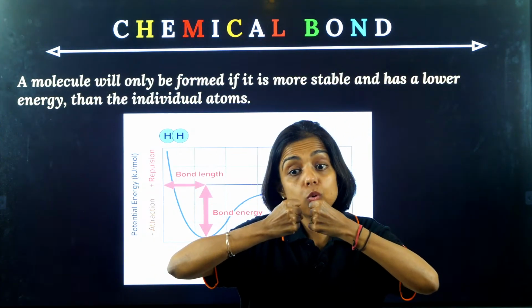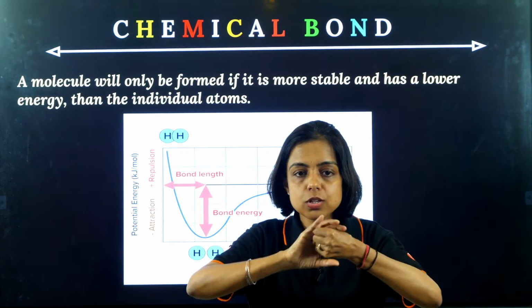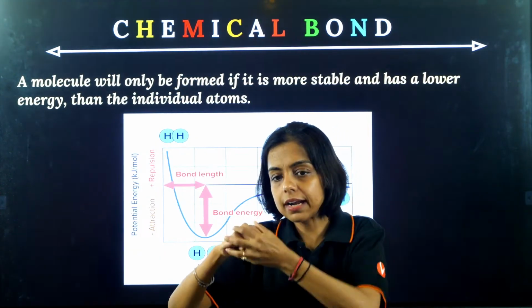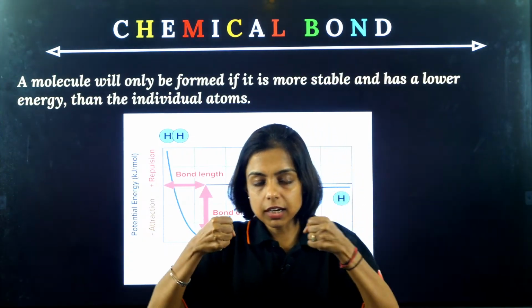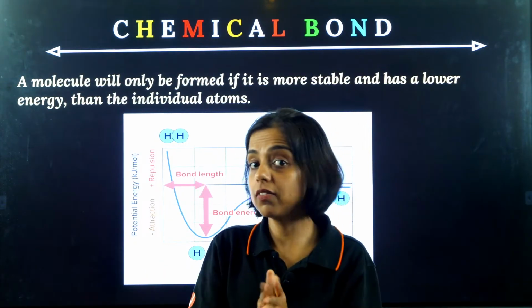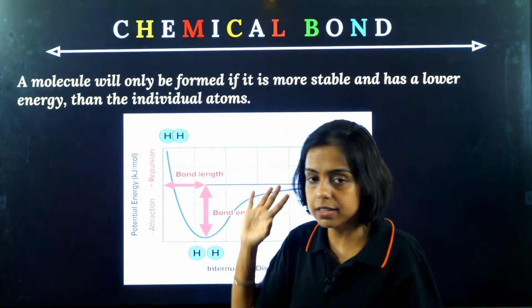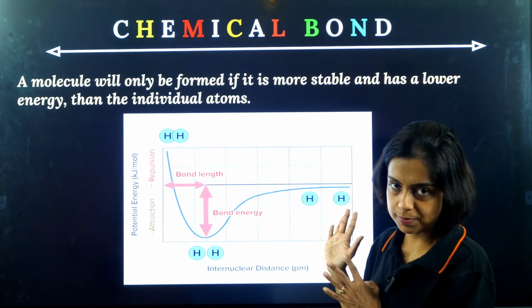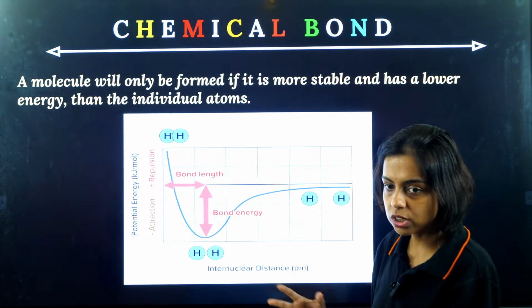If they come even closer, what will happen? Ma'am, the electrons of this atom and the electrons of that atom, because electrons are negatively charged, if they come closer, of course, same charges repel each other. So there will be repulsion, and if there is repulsion, energy will increase. So this is the world famous graph, the potential energy curve, the energy interaction curve.